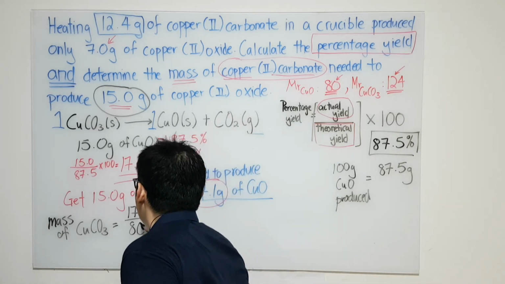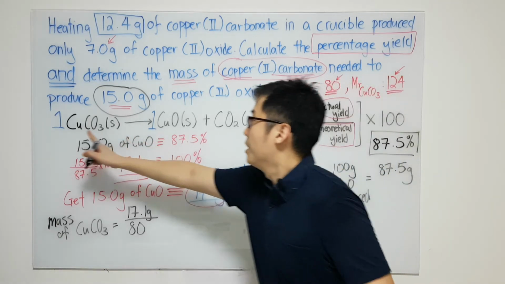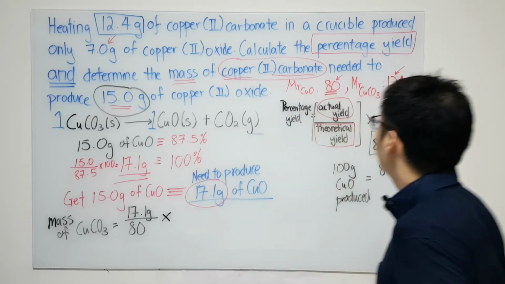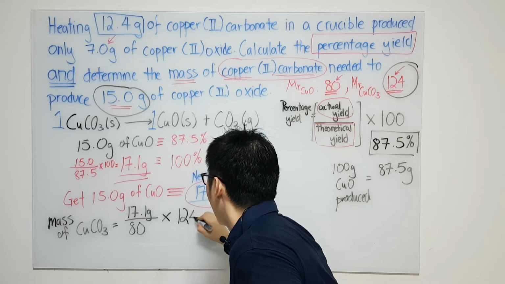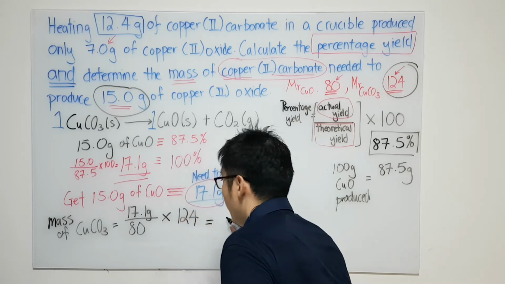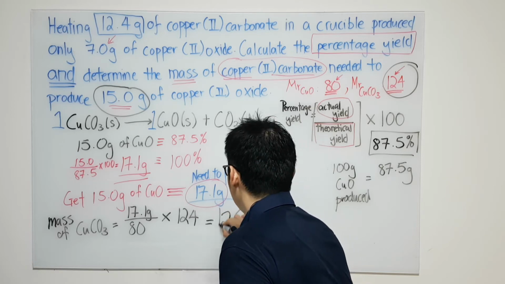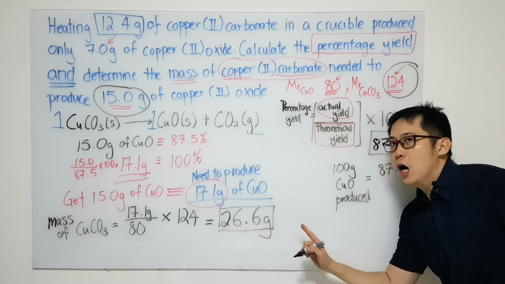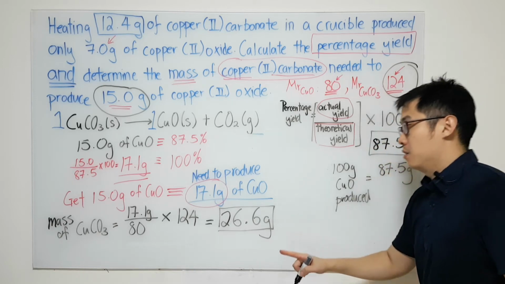This is the moles of CuCO3 I need because it's 1:1. Take this value here, and I will multiply it by, because it's carbonate, 124. And that, student, will give me the final value of 26.6 grams.